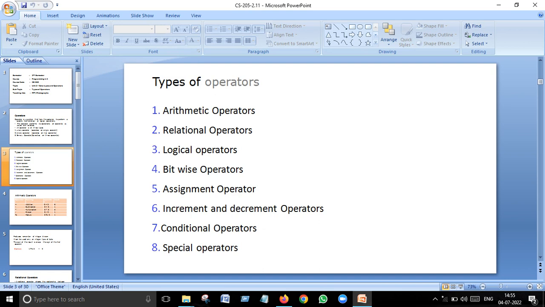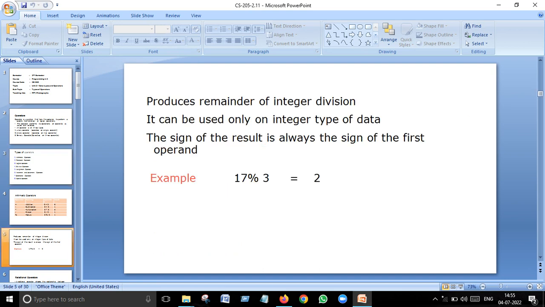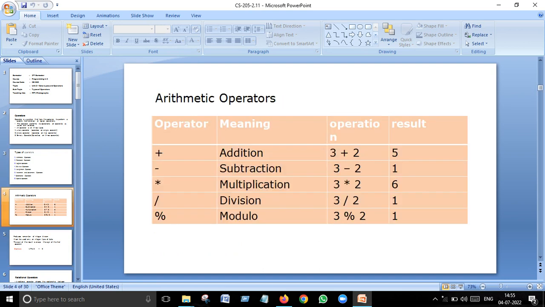Here, the arithmetic operators we have discussed: addition, subtraction, multiplication, and division. These are all the arithmetic operators.